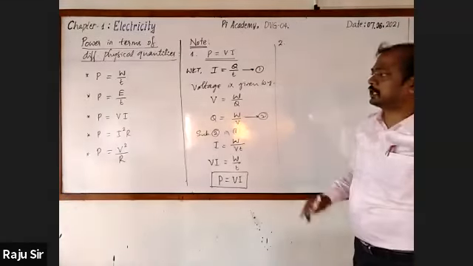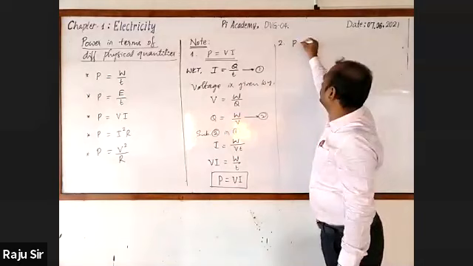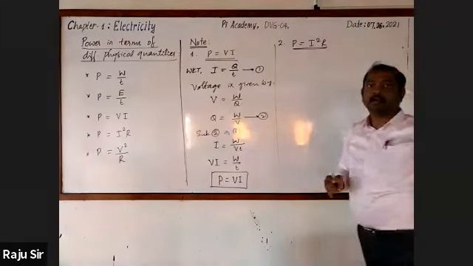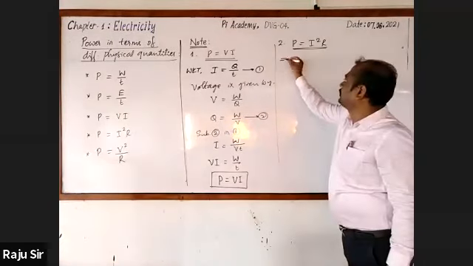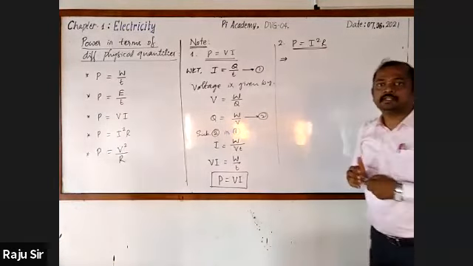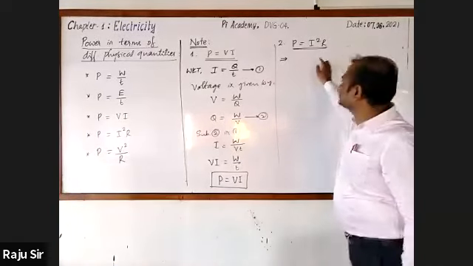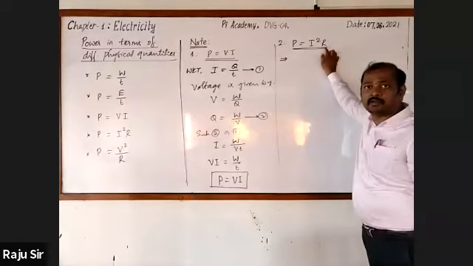Now let's move on to the second one. P is equal to I square into R. Let's move on to the derivation. Just observe here. Here we have one more physical quantity that is called R, resistance. How do you get R?